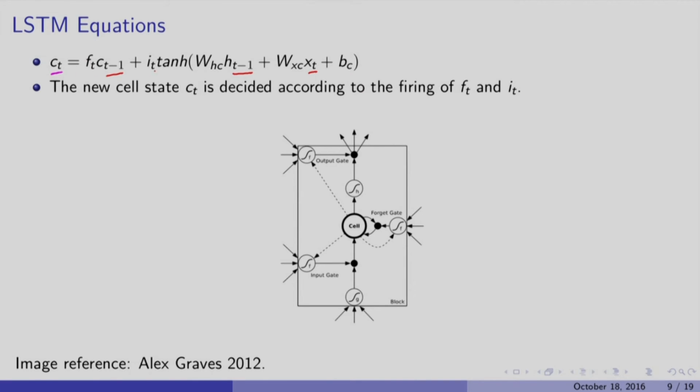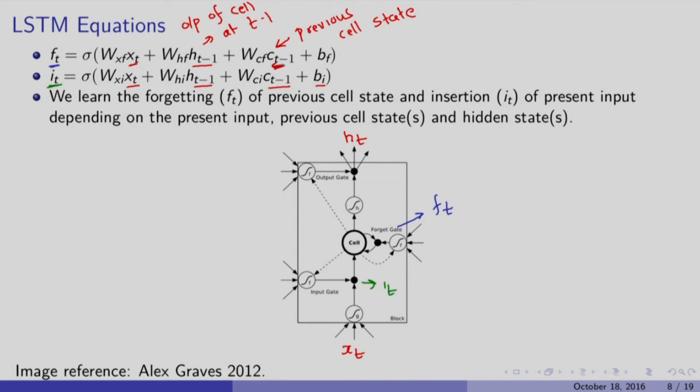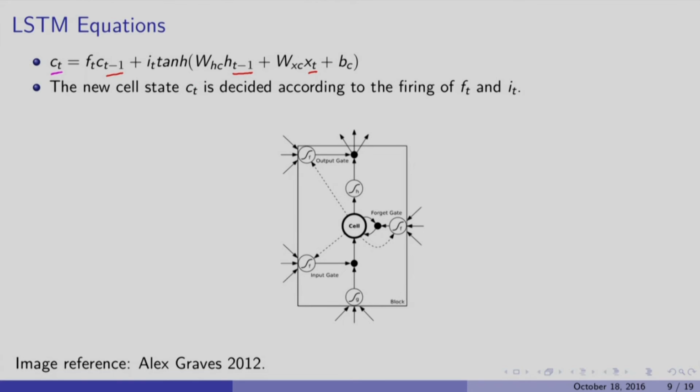But you shouldn't miss out that the IT, which was the state of the gate predicted on this slide, has its implication on the new cell state. This just means that CT will be affected by the previous hidden state, the current input and so on, only if the input gate is on.